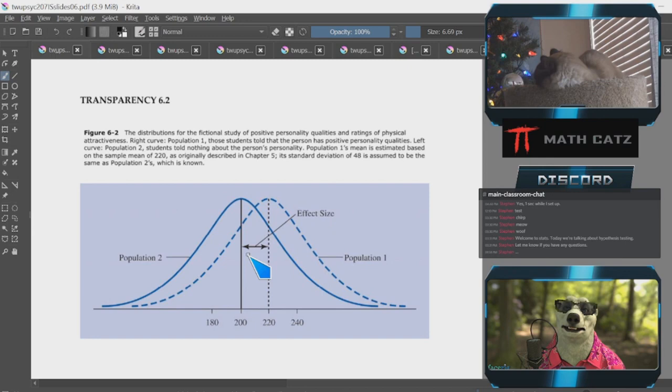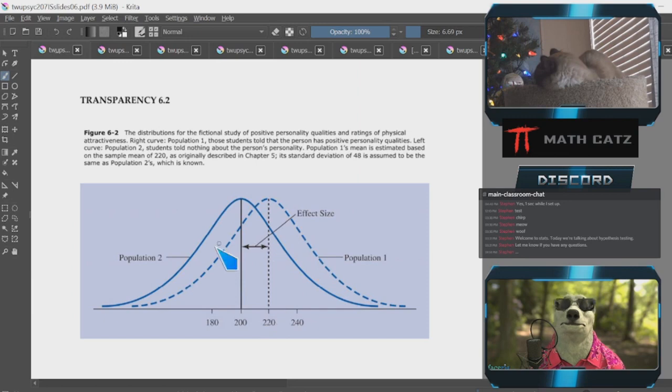So if we refer back to our personality rating of physical attractiveness example, where we try to investigate if the rating improves from the average of 200 based on the sample provided and the evidence collected. And we got a sample mean of 220.